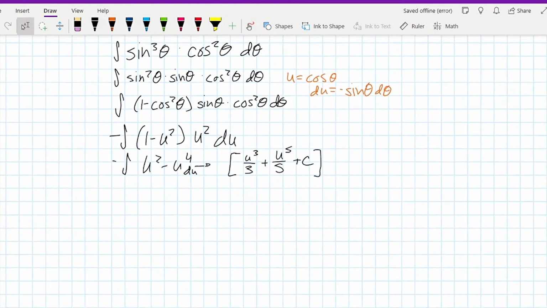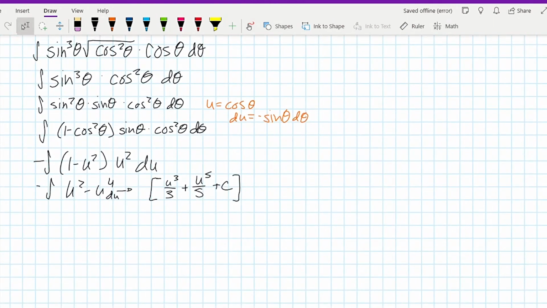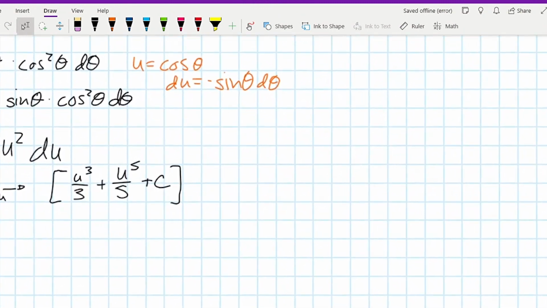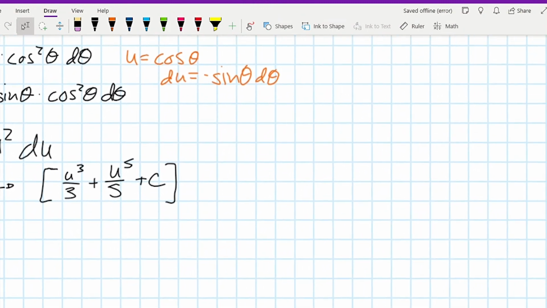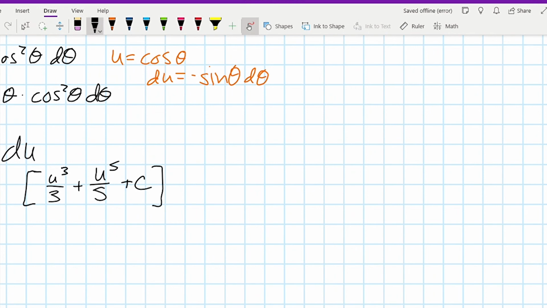And so what we're going to want to do is put this back in terms of cosine theta. So we will go back to our u-substitution and put this in terms of theta. So our u's become cosine thetas, and this will be negative cosine cubed theta over 3 plus cosine to the fifth theta over 5 plus c.